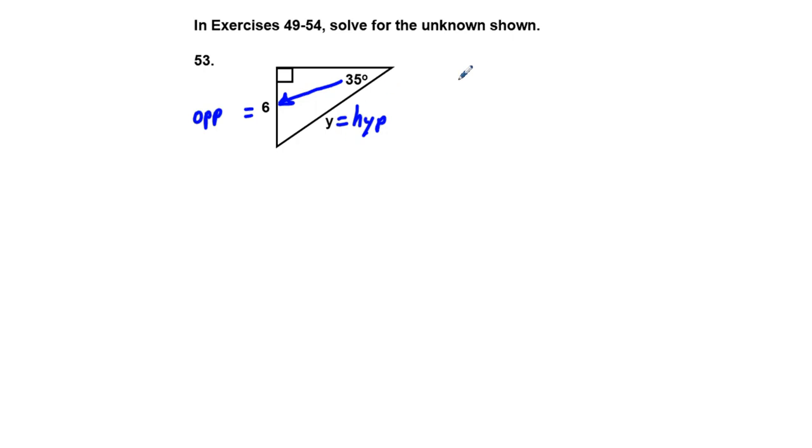And which ratios involve opposite and hypotenuse? Well, sine theta equals opposite over hypotenuse, and cosecant theta equals hypotenuse over opposite.